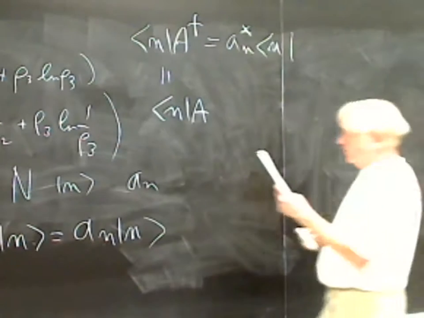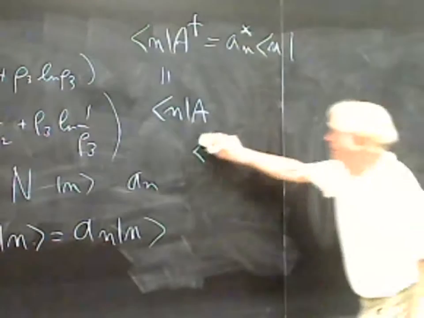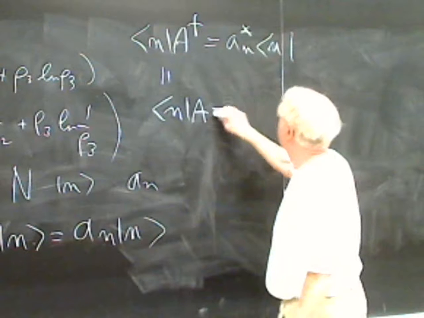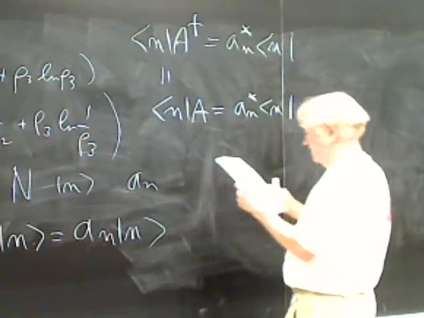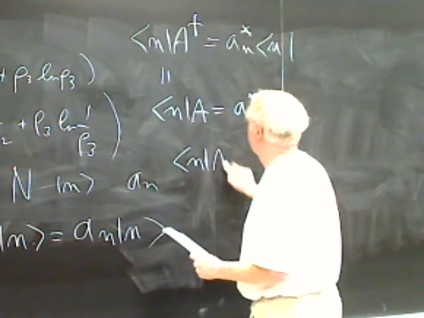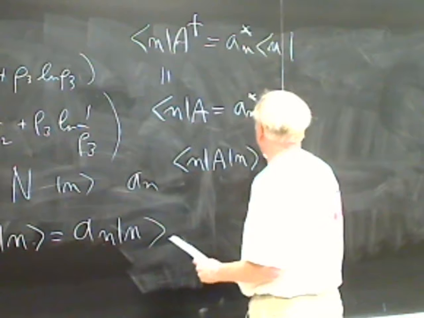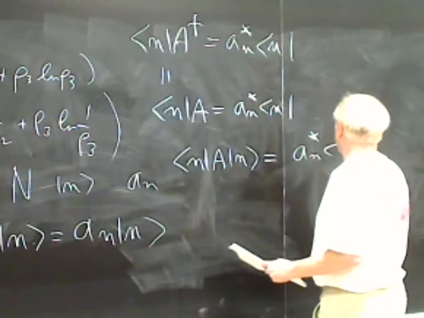And now, if we just take the inner product of that with the state |n>, we get <n|A|n> = a_n*<n|n>.